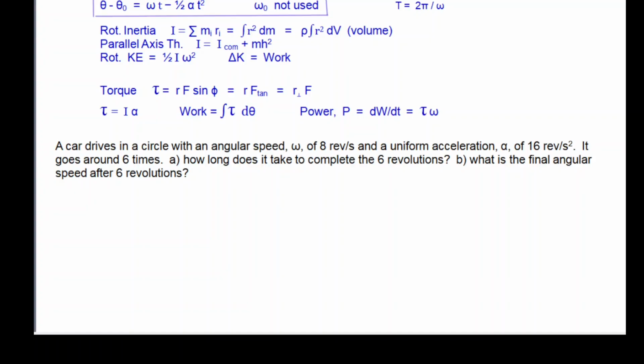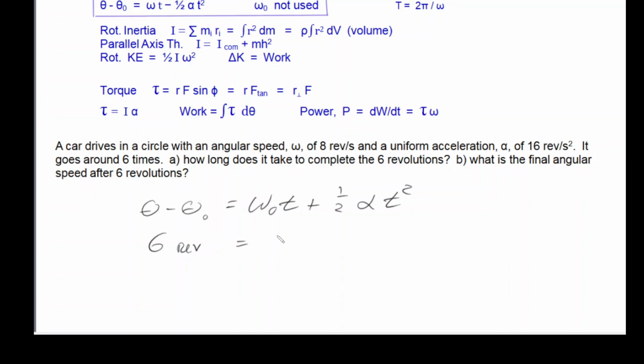So, looking at our rotational kinematic equations, the best one to use is theta minus theta 0 equals omega 0 t plus 1/2 alpha t squared. And in this case, we know that the displacement is 6 revolutions, and again we're using revolutions, not radians.